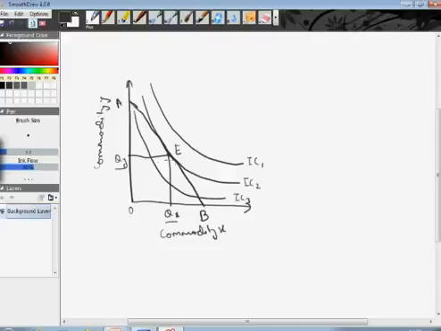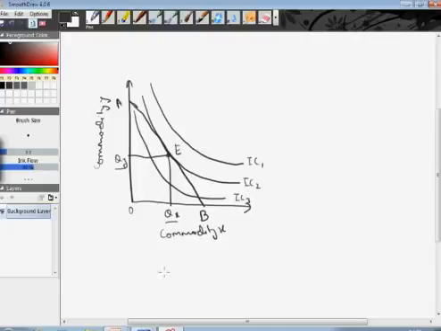Both the necessary and supplementary conditions, that is the first order and second order conditions, are fulfilled at this particular point E. Therefore, the consumer is in equilibrium at point E.